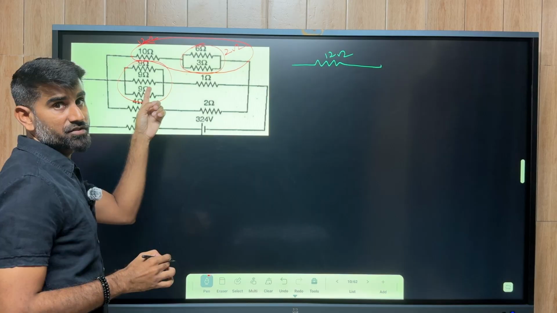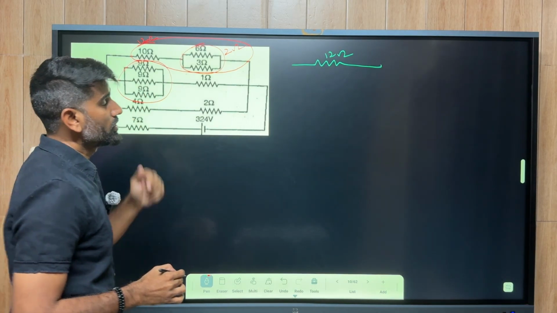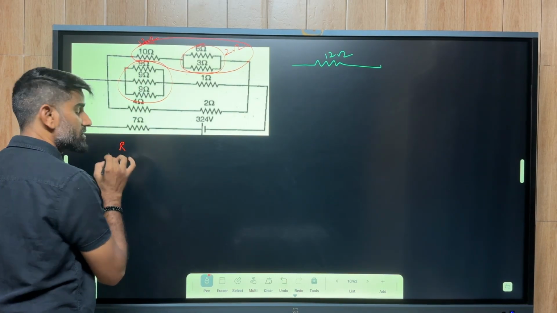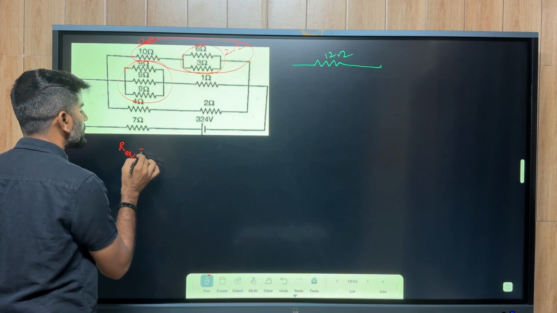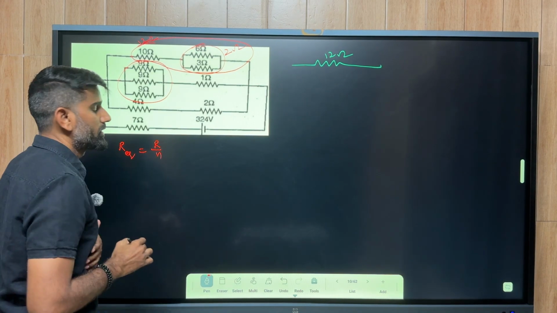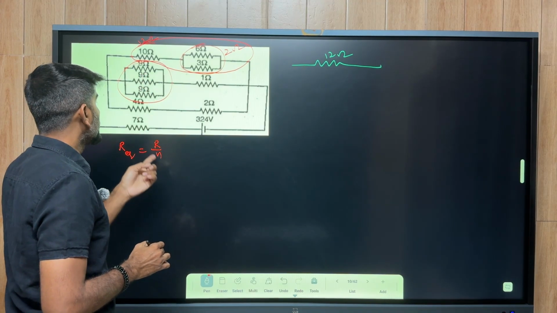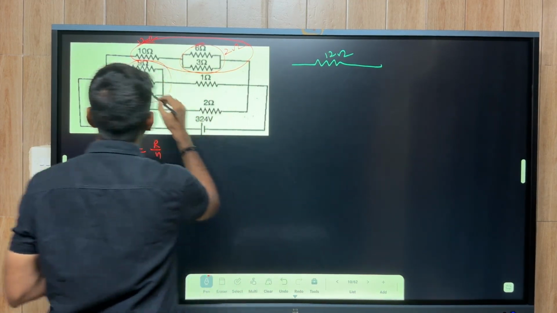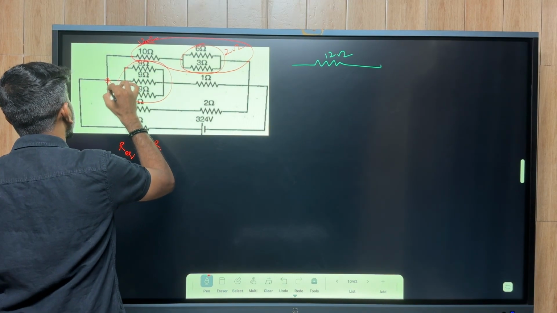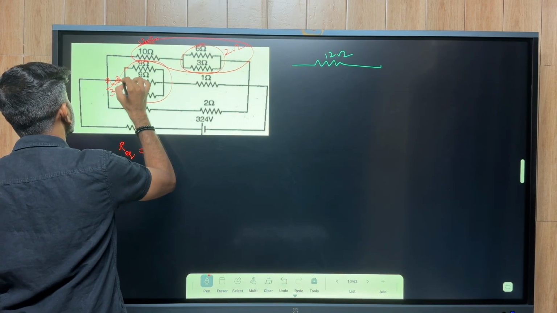All the three 9 ohm resistors are in parallel. As we already know, when resistors connected in parallel have equal resistances, then R equivalent is equal to R by N. Here R is 9 ohms, N is the number of resistors, 3. So this will be 9 upon 3, which is equal to 3 ohms.